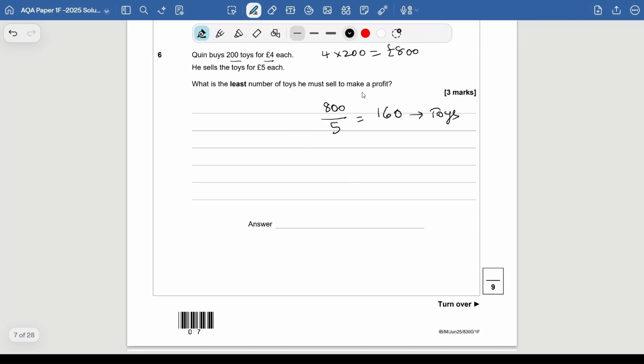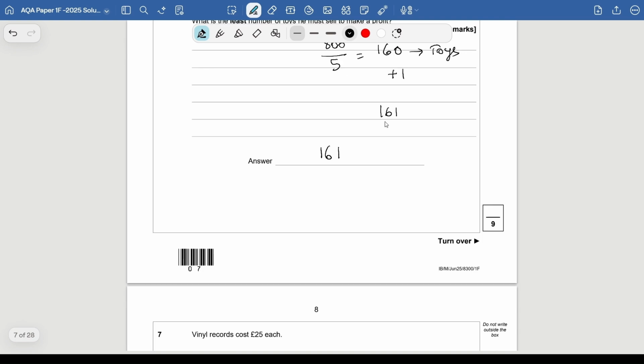Now, to find the least number of toys he must sell to make a profit, he has to sell one more toy. So that has to be 161 toys. If he sells 161, then he makes the least profit. That is 805. So the least number of toys is just one more than 160. That's 161.